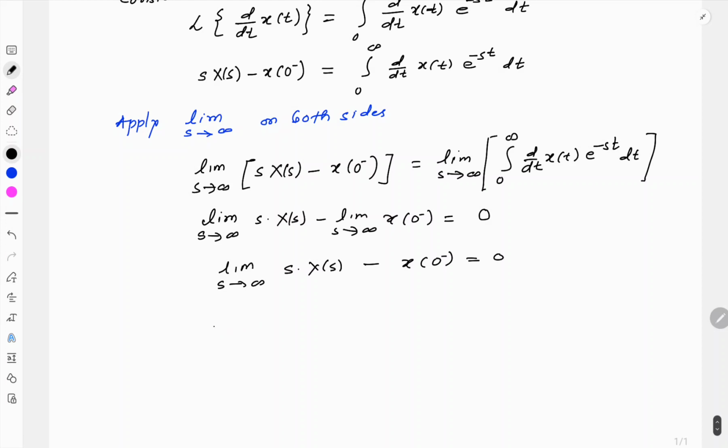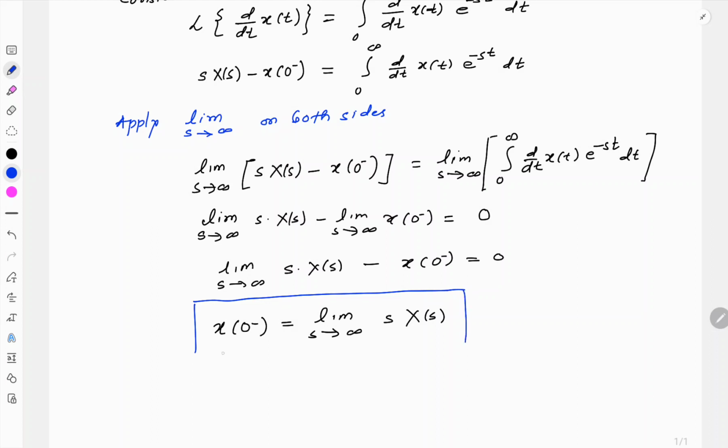We get the initial value x of 0 minus is equal to limit s tends to infinity of s into x of s. So using this equation we can find out the initial value of signal x of t from the Laplace transform of that signal. This is called the initial value theorem.